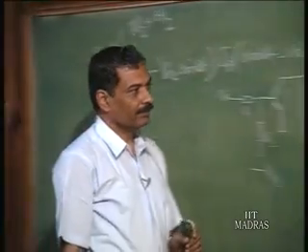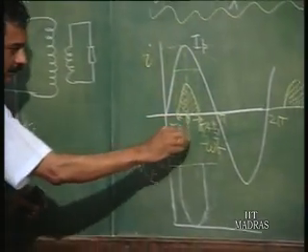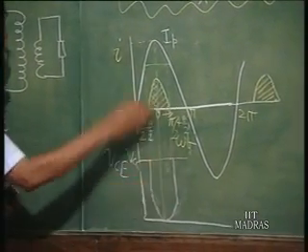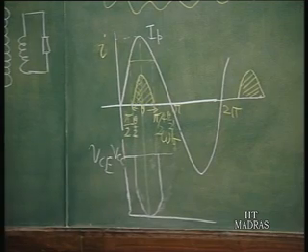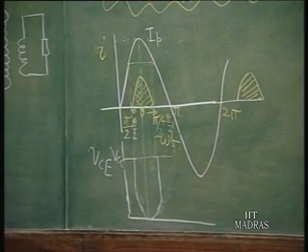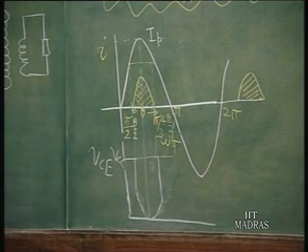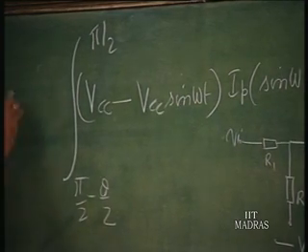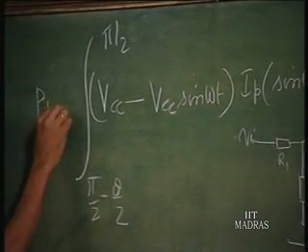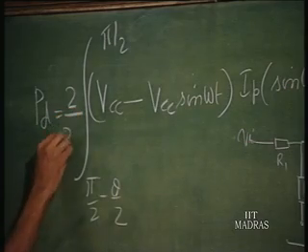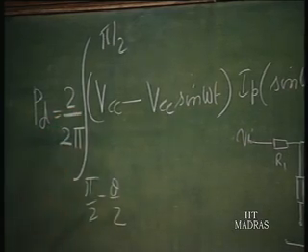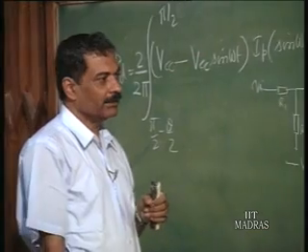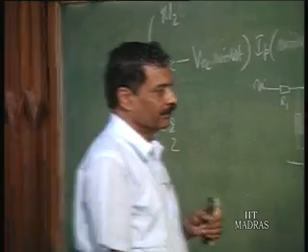And again we can say that, because these are symmetric around this pi by 2, we will put the limit instead of pi by 2 plus theta by 2, just pi by 2, and that will be twice the area, twice that divided by 2 pi is the average power that is dissipated.